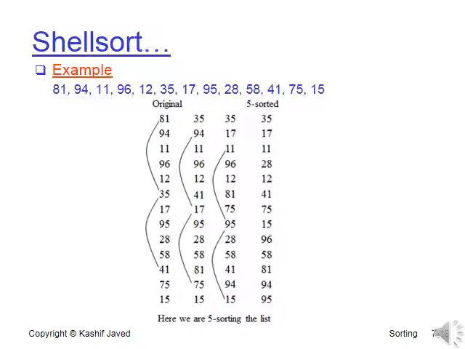We have 13 numbers to be sorted. Let's choose Shell's increment 5, 3, and 1.